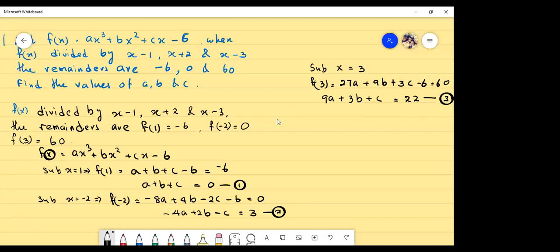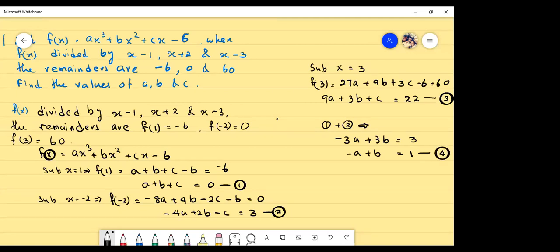Using 1 and 2, 1 plus 2: c cancels, minus 3a plus 3b equals 3. Then we can divide by 3: minus a plus b equal 1 is the fourth one.